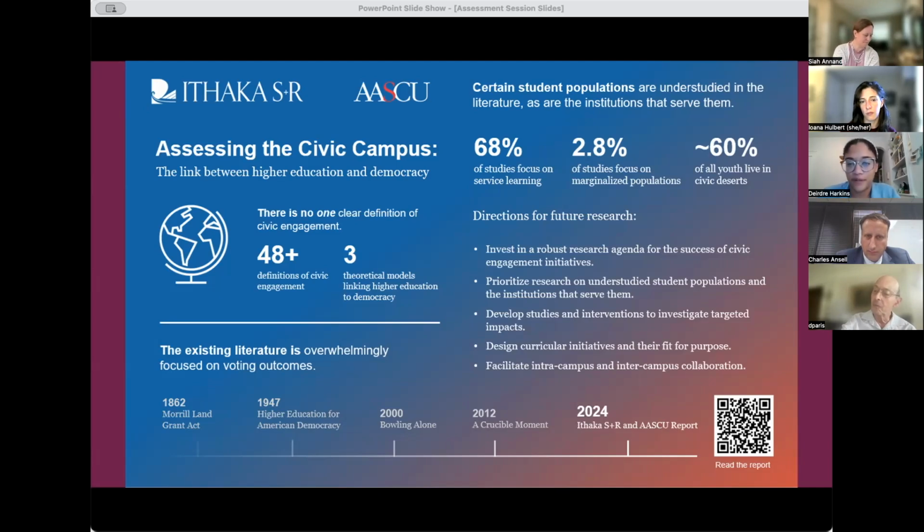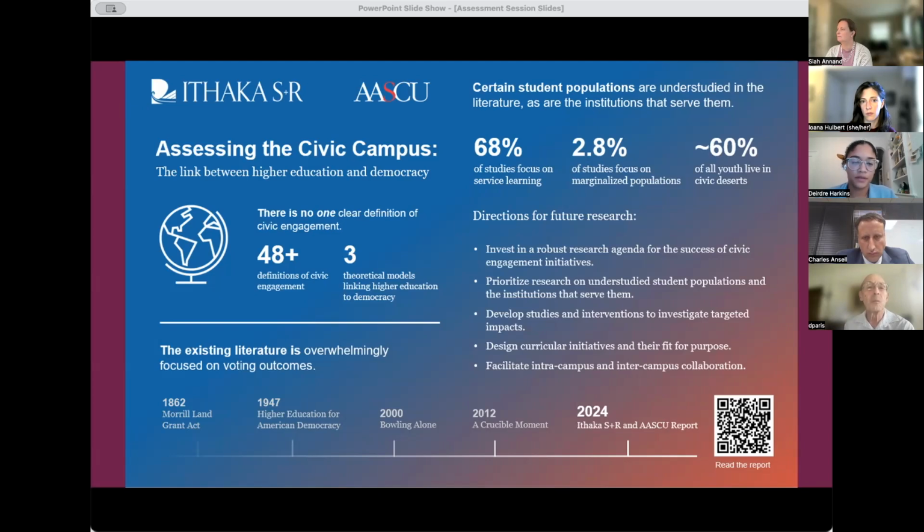In our research, we also found that in the 70s and 80s, civic engagement was synonymous with student volunteerism. But in the 90s, the term began applying to service learning and more academic activities. We also found that definitions of civic engagement can be influenced by larger political landscapes, specifically with the rise of political polarization, with research showing variations in different ideologies around what counts as good citizenship or civicness.